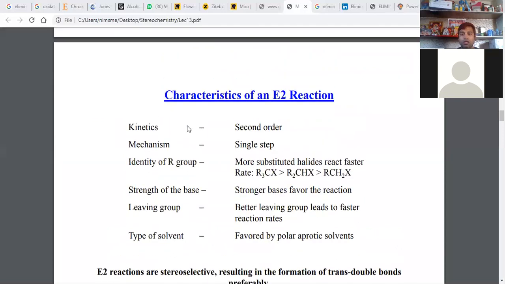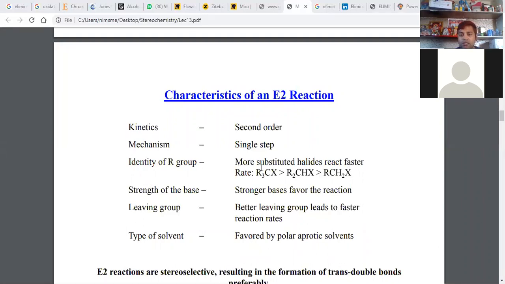Now, characteristics of an E2 reaction. Second order kinetics: E2 reactions follow second order kinetics. Mechanism: single step, in one step. Identity of R group: more substituted halides react faster.